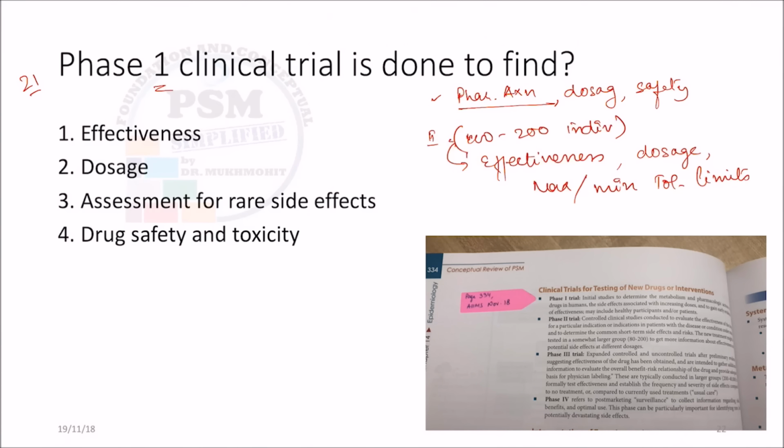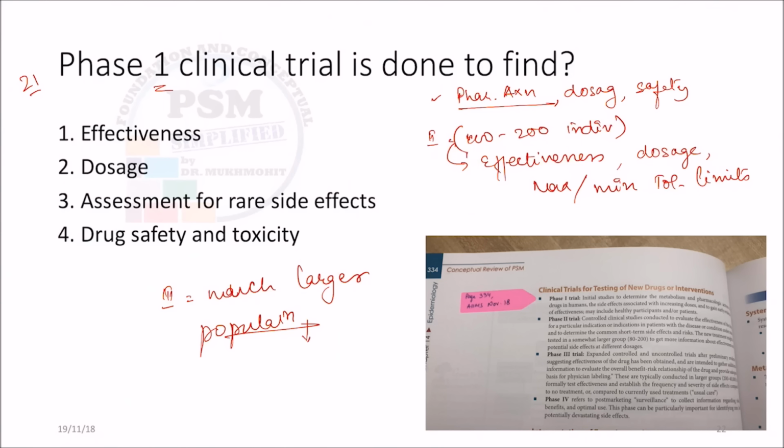Phase 3, these are again controlled or uncontrolled trials, and that is again for assessing the effectivity of the drug in much larger populations, where you are going to assess the effect as per how the physicians give the drug.